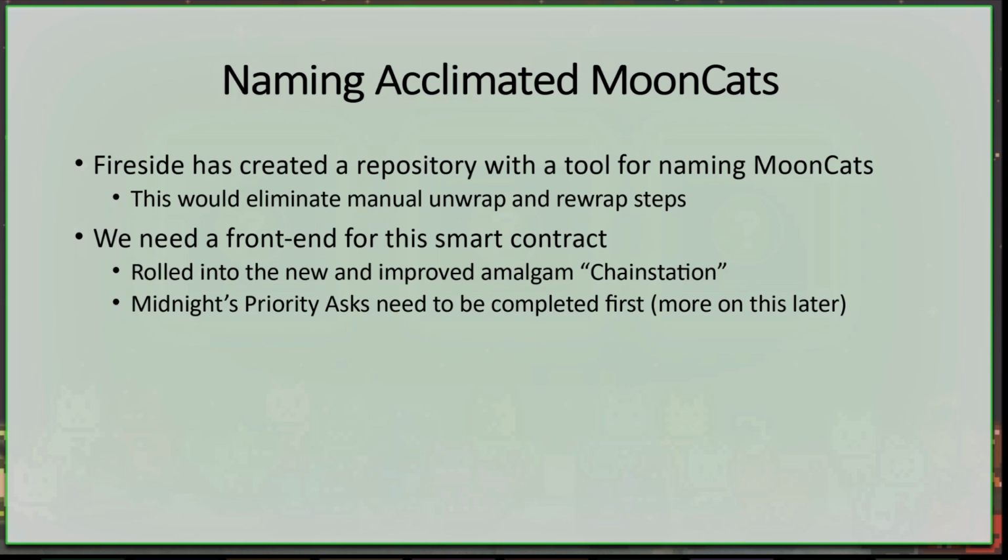All of these things have sort of disparate wallet logins because they were created with different mentalities and processes. We do want them all to fall under that single chain station login wallet connection.